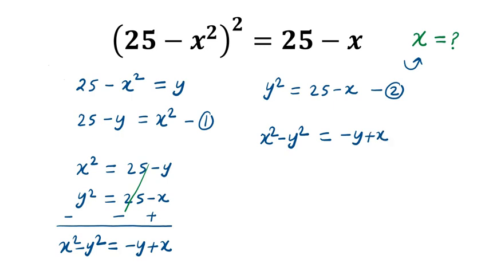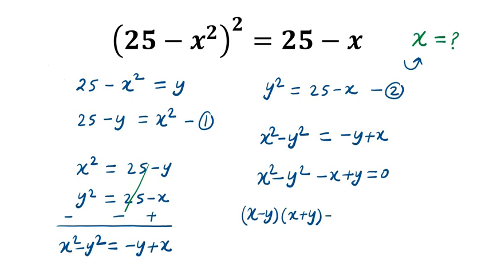If we take all the expressions on the same side, then x square minus y square minus x plus y is equals to 0. In left hand side we have the difference between two squares, x square minus y square, and the factor of x square minus y square is x minus y multiplied by x plus y.